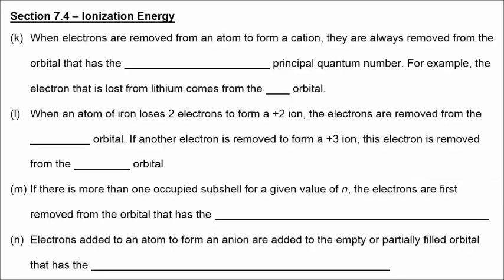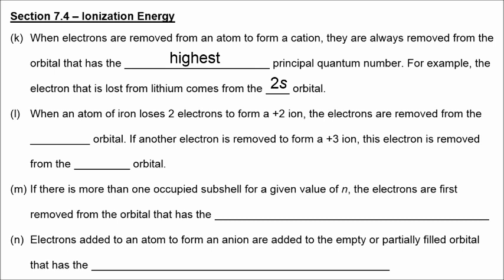When electrons are removed from an atom to form a cation, they are always removed from the orbital that has the highest principal quantum number. For example, in lithium, which is 1s2, 2s1, the electron that is lost comes from the 2s orbital.